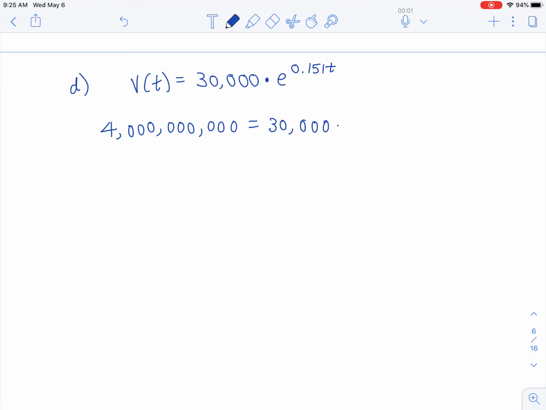So here we go. We got 4 billion on the left side, and then I'll have 30,000 times e to the 0.151t. And we're just solving this equation for t. All right, divide both sides by 30,000.